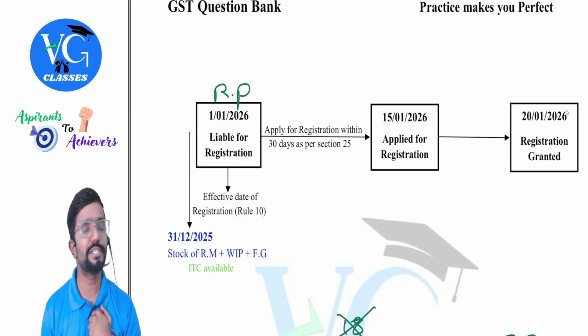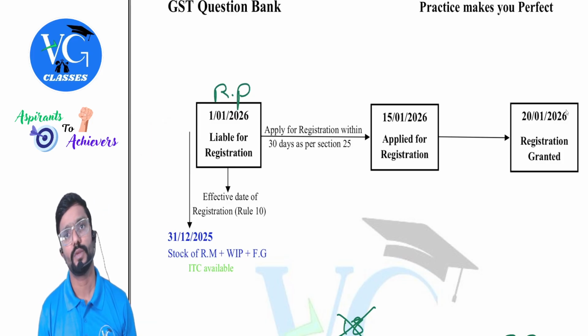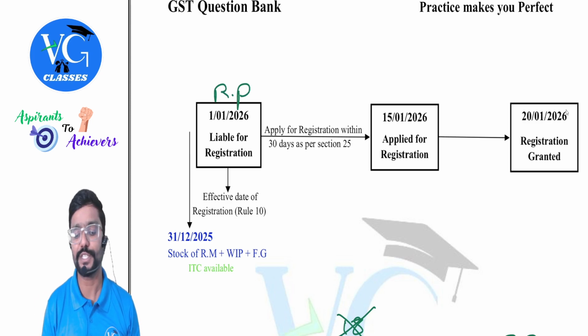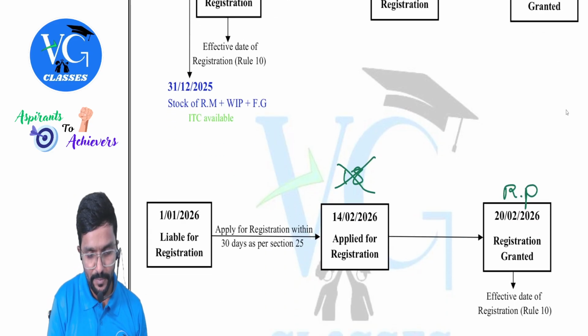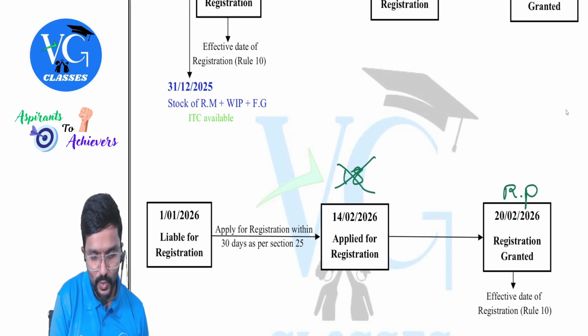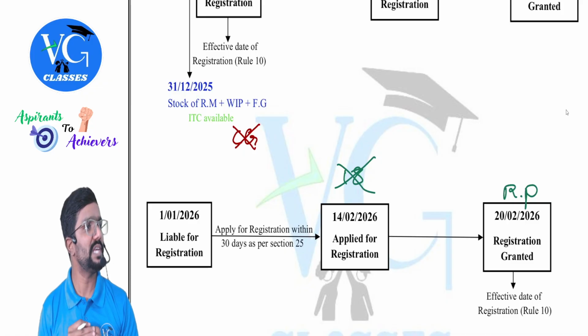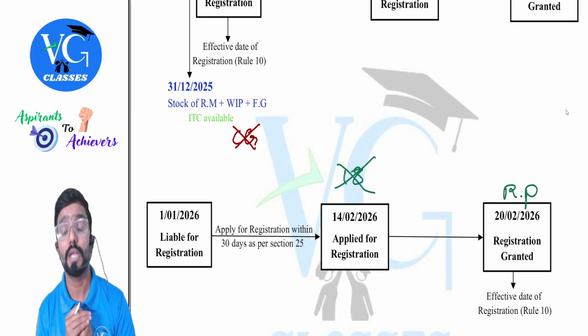I have paid GST on it, so can I claim credit? Sorry, no. They are not giving credit on capital goods. Only on raw material, work in progress, and finished goods, guys. Let me write it here. Capital goods. Okay, what I will do is I will write capital goods and scratch it. There is no credit available on CG. CG stands for capital goods.